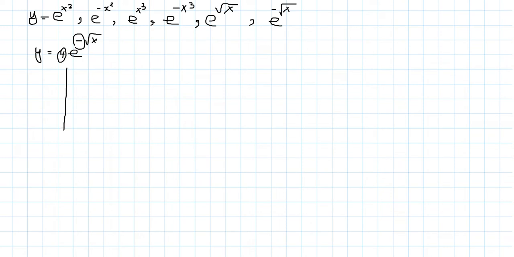I give points x and y. If x is 0, y should be 1. If x is 1, y should be 0.37. If x is 2, y should be 0.24. Now let's draw it.